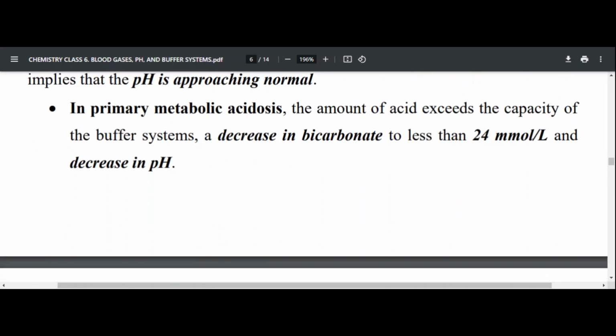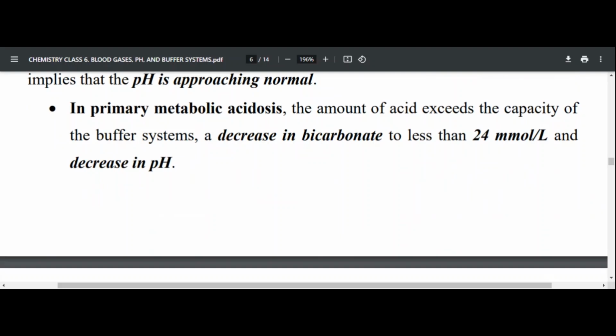So in the case of primary metabolic acidosis, the amount of acid exceeds the capacity of the buffer system. Of course, this is correct in metabolic acidosis. It means there is a high amount of acid which exceeds the buffer system. It can also be because of decreased concentration of bicarbonate, less than 24 millimoles per liter, and it results in a decrease in pH.